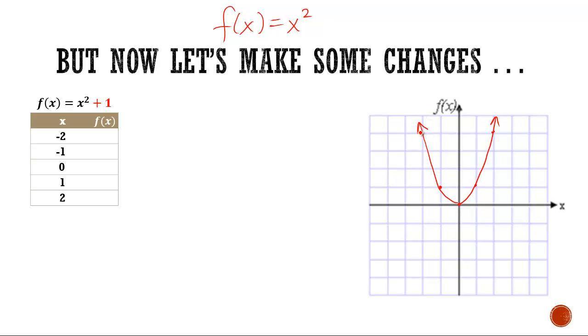Now let's take a look at what happens to all these points when we add 1. So remember, for -2, this was a 4, this was a 1, a 0, a 1, a 4. If we add 1, that's going to make 5, 2, 1, 2, 5.